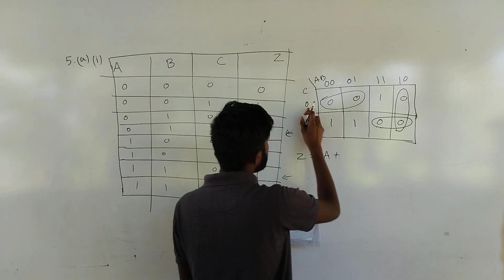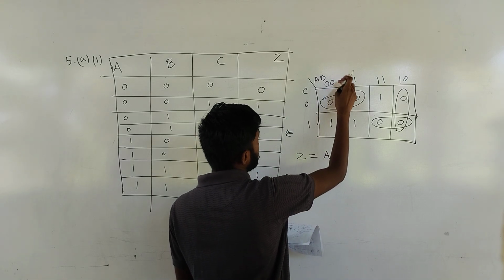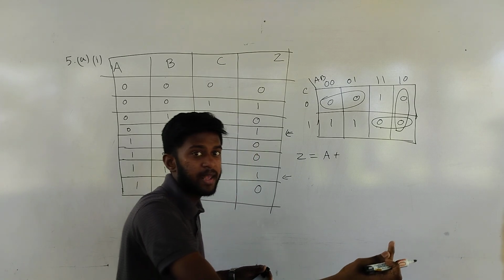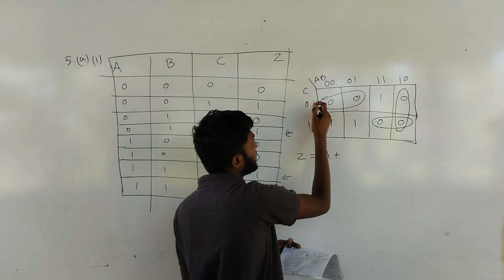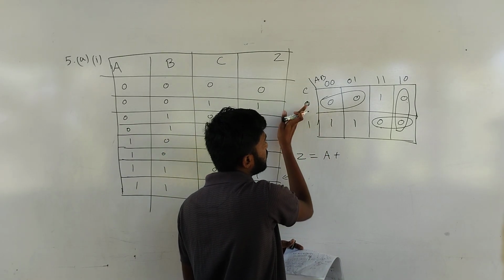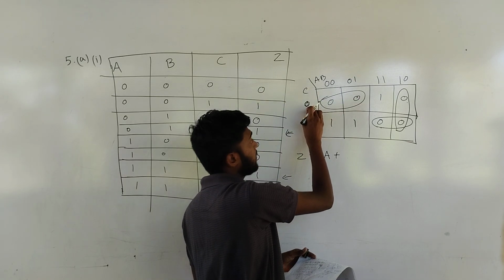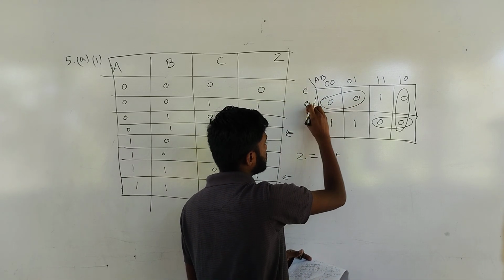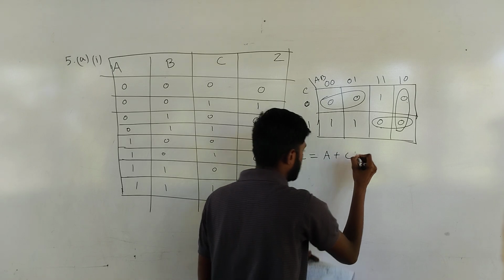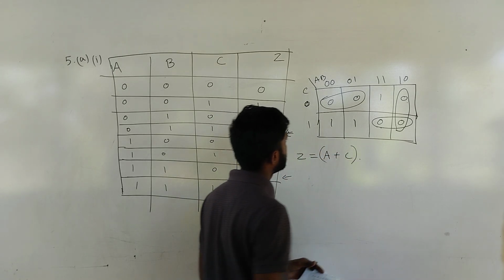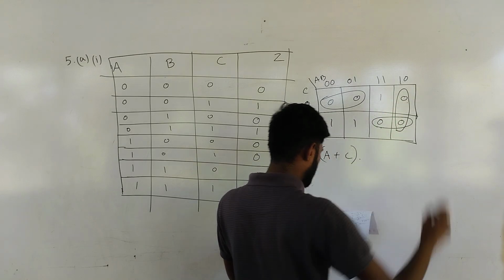Right? Then here you can't take B. Why? Here you have 0, here you have 1. If it is changing, you can't take it, dear students. Here it is only 0, nothing to change, because this is C, horizontally you only have this one, nothing to compare. So here C is 0, so 0 means C, so A plus C. Then dot. We are done with this. Now let's move to the next one.